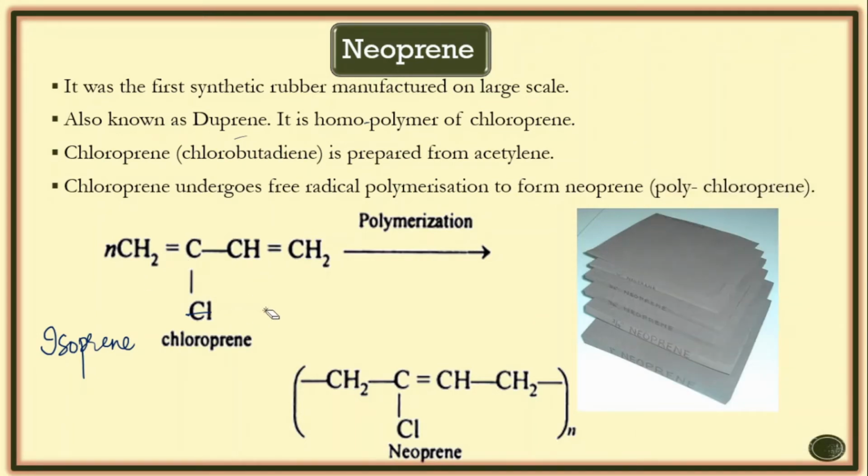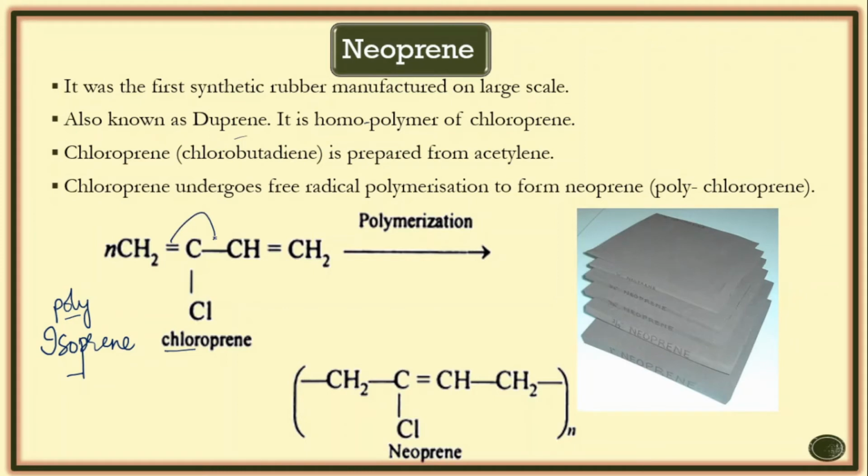But if I write Cl in place of CH3, it becomes chloroprene. So now if you take chloroprene as the monomer, polychloroprene is known as neoprene. So polyisoprene was natural rubber, while polychloroprene is a synthetic rubber known as neoprene.